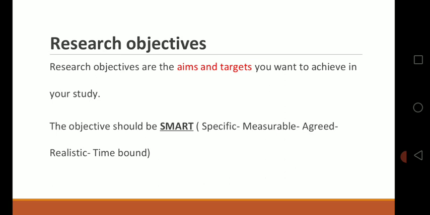Smart meaning that should be specific, measurable, agreed, realistic and time bound. تمام. specific. تمام. اللي هو each objective should be a target for a specific part or a specific issue in the research ما حاجة بس كده عمومية ما مفهومة أو كده. and it should be measurable، ما حاجة cannot be measured أو حاجة يعني unrealistic.